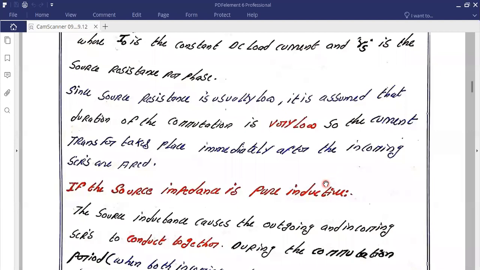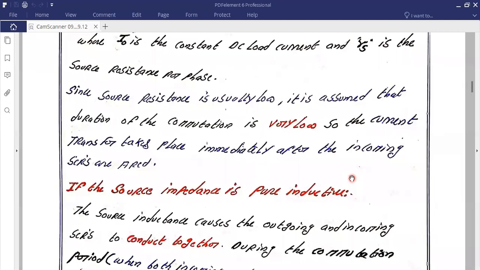Okay, so here, whenever an inductance is present, the basic property of an inductor is that it opposes sudden changes in current. So as the source inductance is present, the current will never change instantaneously.